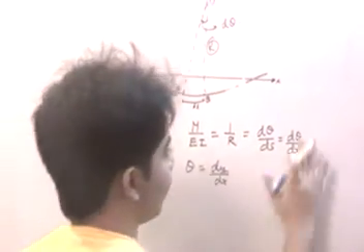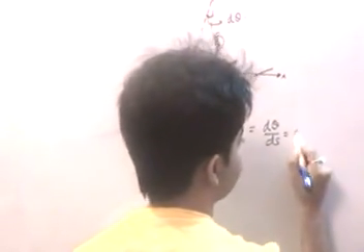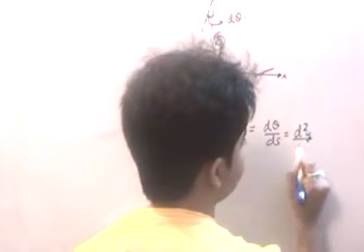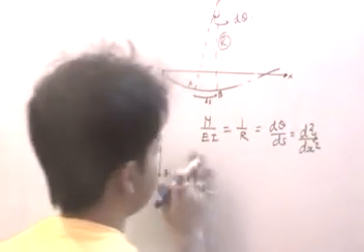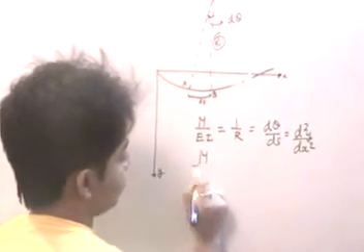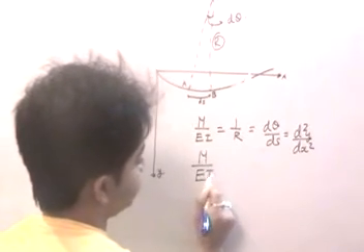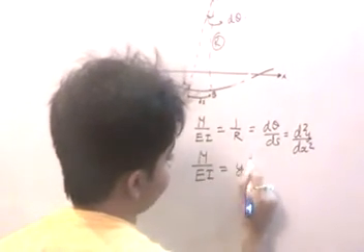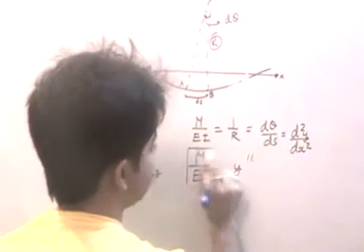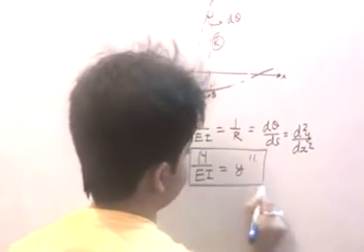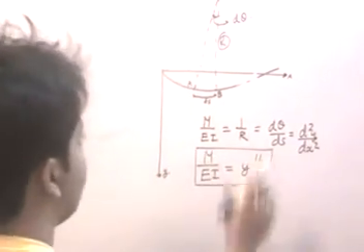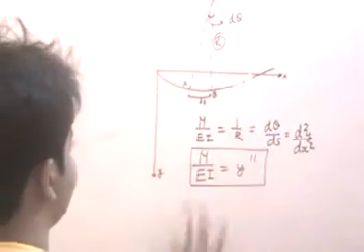So essentially what I can write is, I can write this in the form of d2y/dx2, right? So what I have is M by EI is essentially y double dash, and this is a differential equation that we have for this elastic deflected curve.